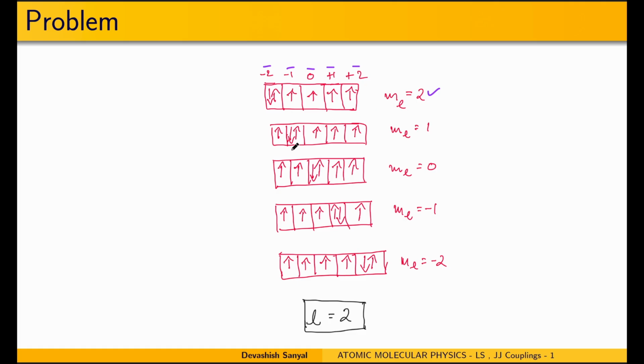Here I have placed the paired electron in this box, so ml turns out to be 1. In this case I have put the paired electron in this box, so ml turns out to be 0. Here the paired electron is in this box, and ml turns out to be -1, because -2 and +2 cancel out, 0 is there, so we have only -1. And in this case the paired electron is in this box, ml is equal to -2. So these are the possible values of the z component of the orbital angular momentum. That implies L is equal to 2 and there can be no other value.